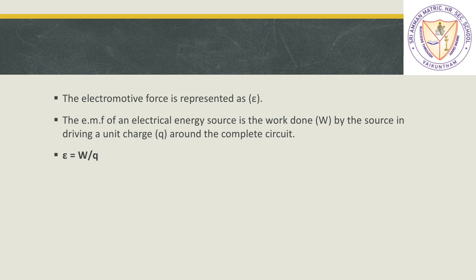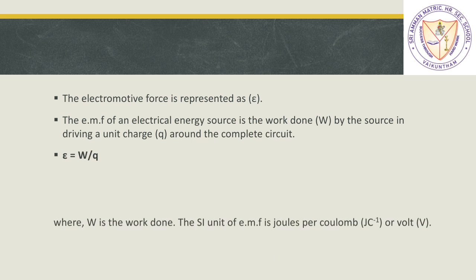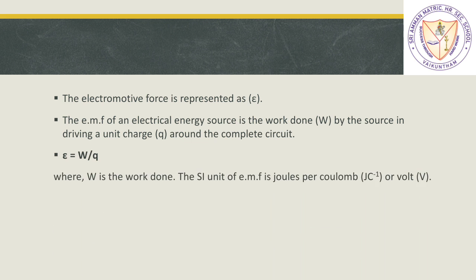So it can be calculated as EMF is equal to work done by Q, W by Q, where W is the work done and Q is the charge. The SI unit of EMF is joules per coulomb, because the SI unit of work done is joule.